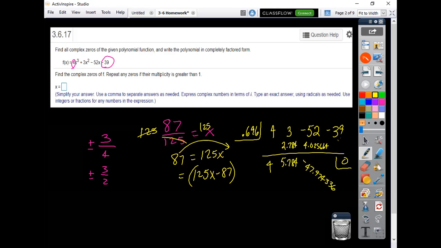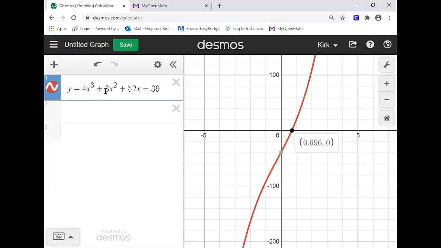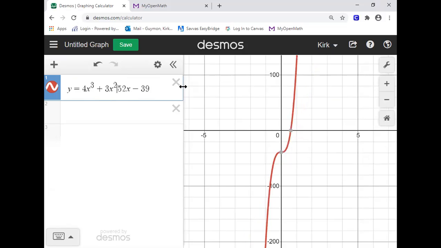And it is not. That makes me think, did I type something in wrong in Desmos to start with? 4x cubed plus 3x squared minus 52x minus 39 is my problem there. If I get rid of some of the writing that I covered it up with: 4x cubed plus 3x squared, oh, minus 52x.